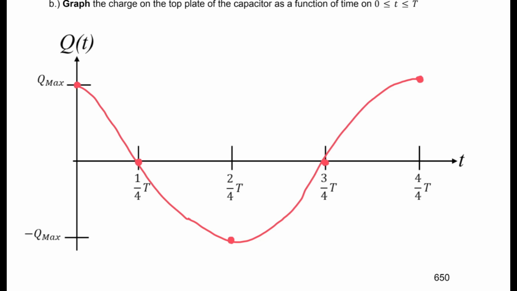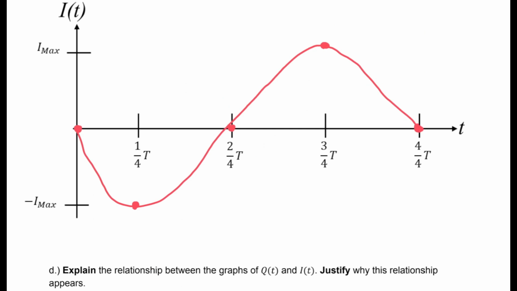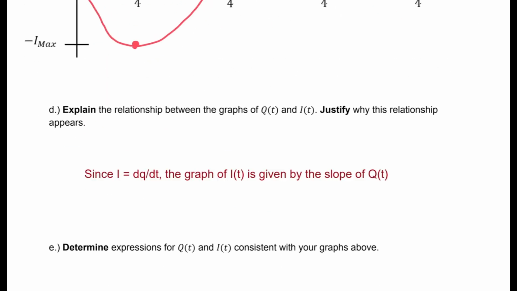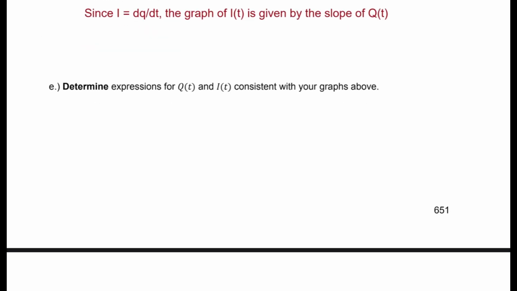We have zero slope at the start, then a negative slope, then it hits zero, then it becomes positive, and eventually reaches zero again. And that's exactly what we see. So just thinking conceptually, we were able to utilize this relationship that Q and I are related via a time derivative. Since I is dQ/dt, the graph of I of t is just the slope of Q of t.